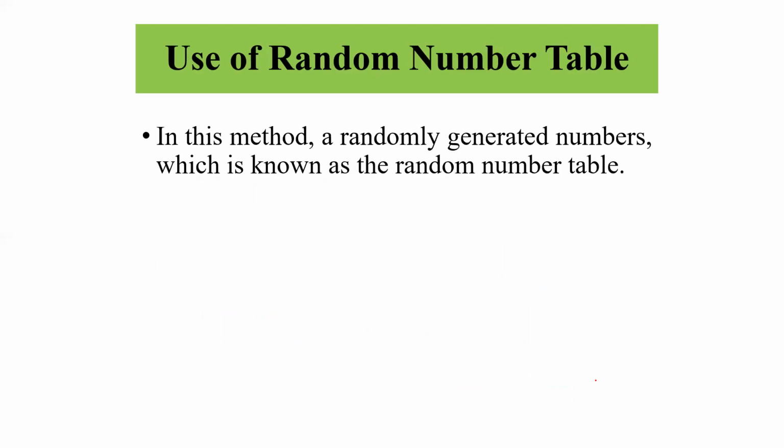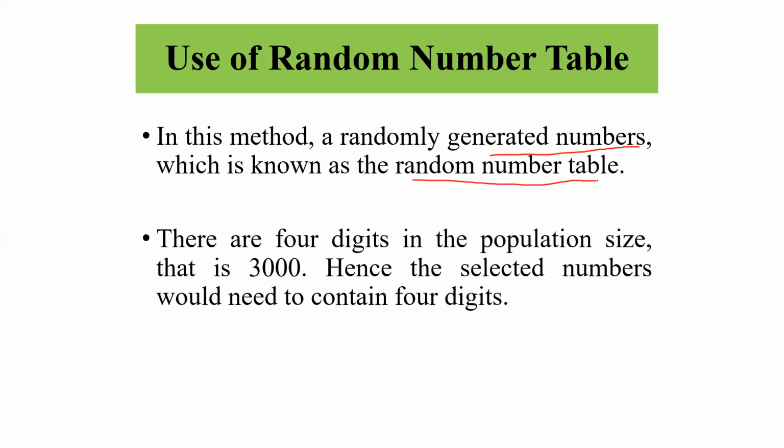Now, we need to understand the use of random number tables. In this method, randomly generated numbers can be generated with the help of Excel or some statistical software, which is known as the random number table.